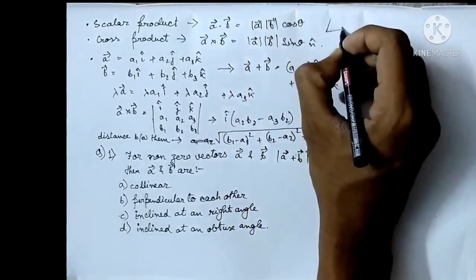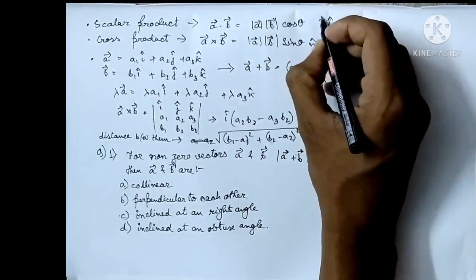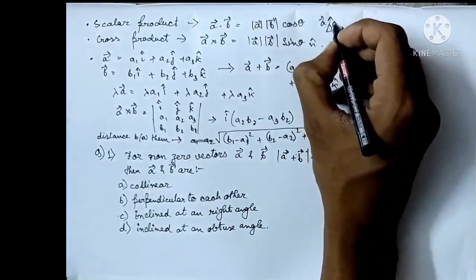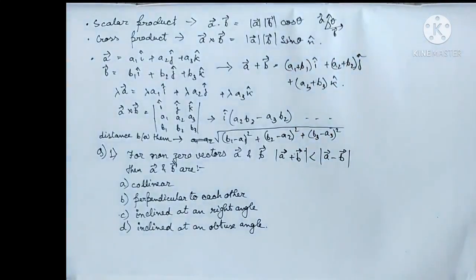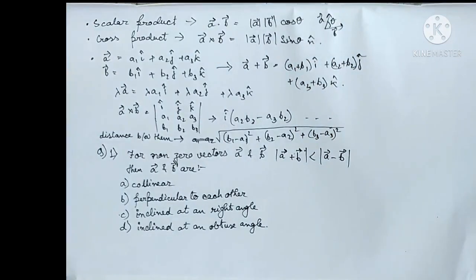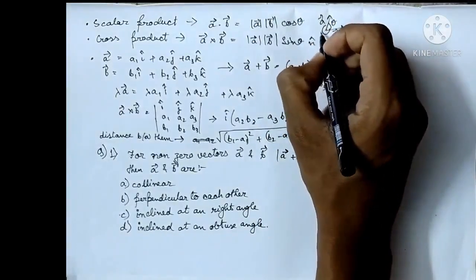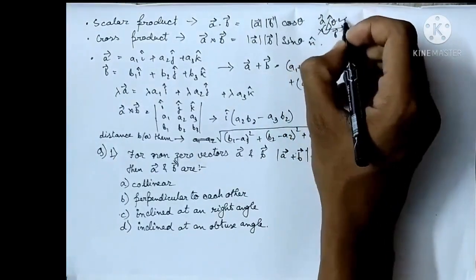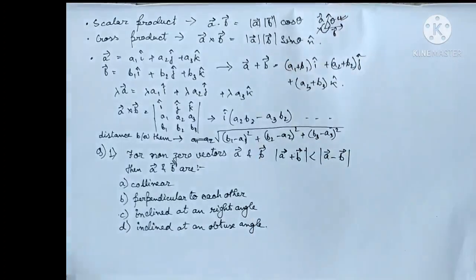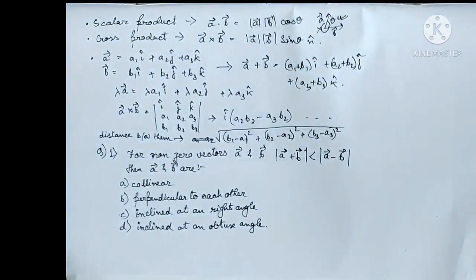Theta is the angle between these two vectors, A and B. You must take the acute angle and not the other angles, I mean the smaller angle you get.